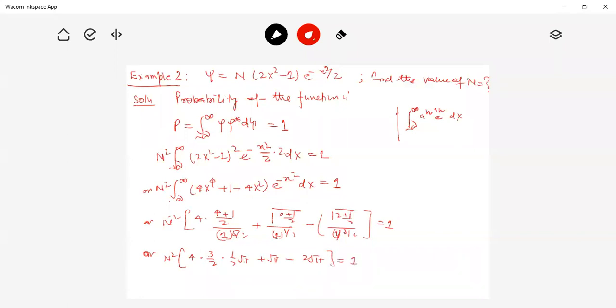This is equal to 1. So by solving, N is equal to 1 upon 2 under root pi, this is 1 by 2.